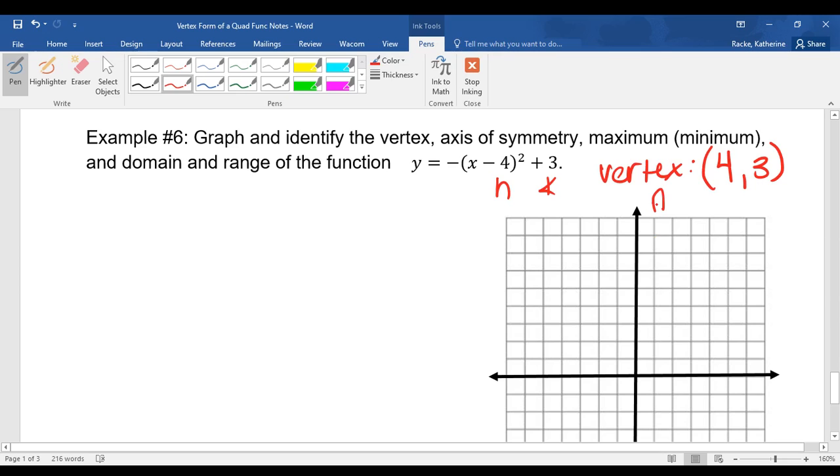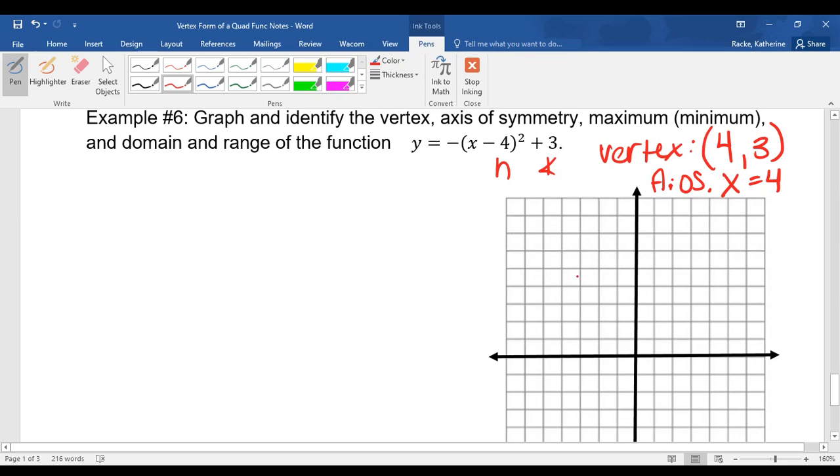That means our axis of symmetry is going to be x equals 4. So we can go ahead and plot that point. Okay, so we know our axis of symmetry is right here.